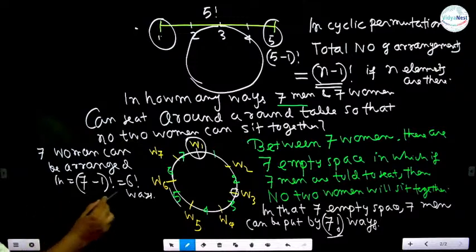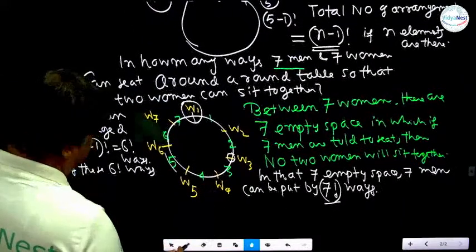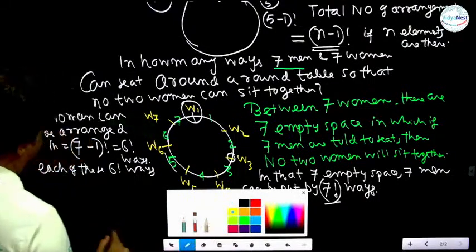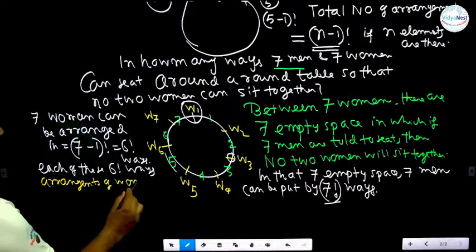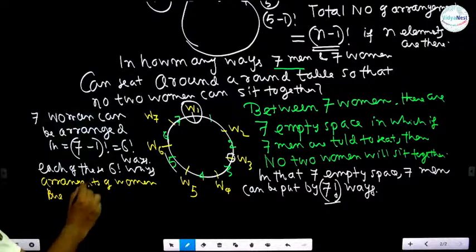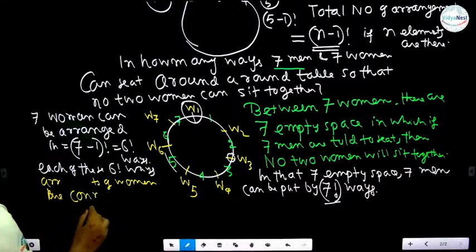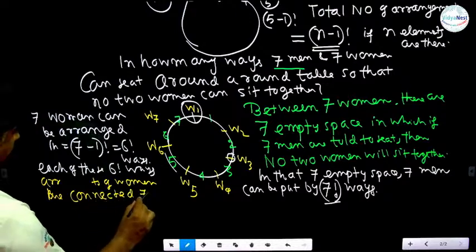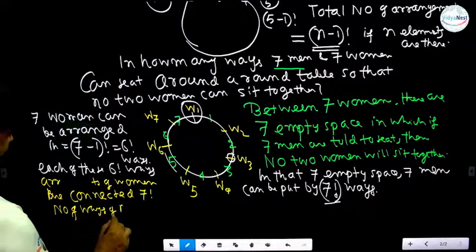So each of these factorial 6 ways of arrangements of women is connected by factorial 7 number of ways of men's arrangement.